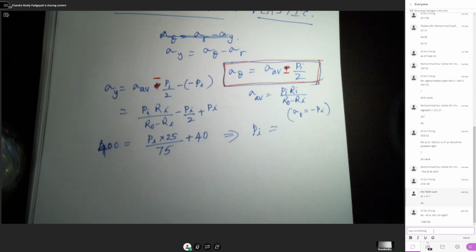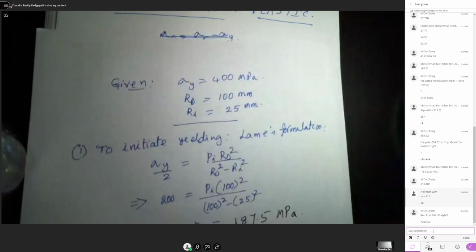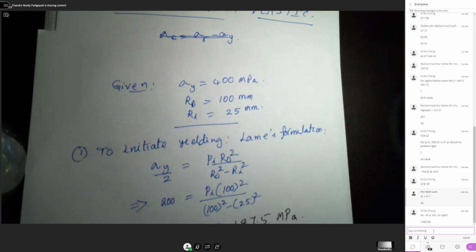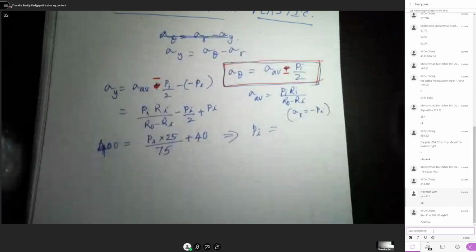Ro minus Ri is 100 minus 25, right? 100 minus 25 is 75. So you can see Ro is 100, Ri is 25, so therefore the difference is 75.